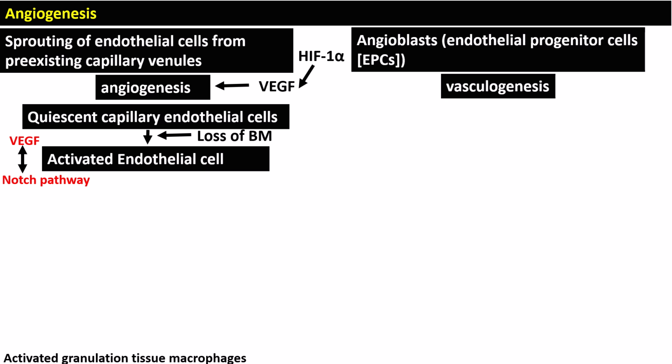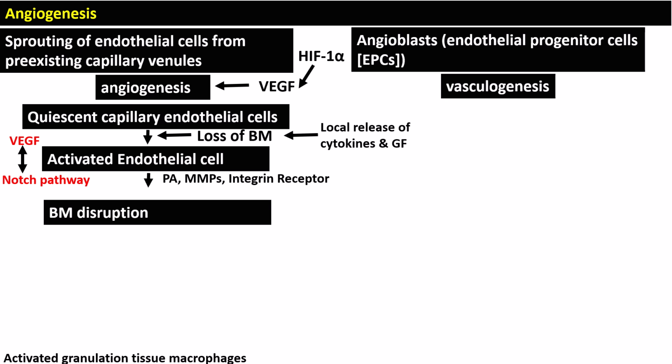So the initial event that is responsible is loss or degradation of the basement membrane along with the detachment of the pericyte, and the cytokines and growth factors responsible over here are VEGF, fibroblast growth factor 2, transforming growth factor beta, and platelet derived growth factor that are released locally, and they also stimulate the growth.